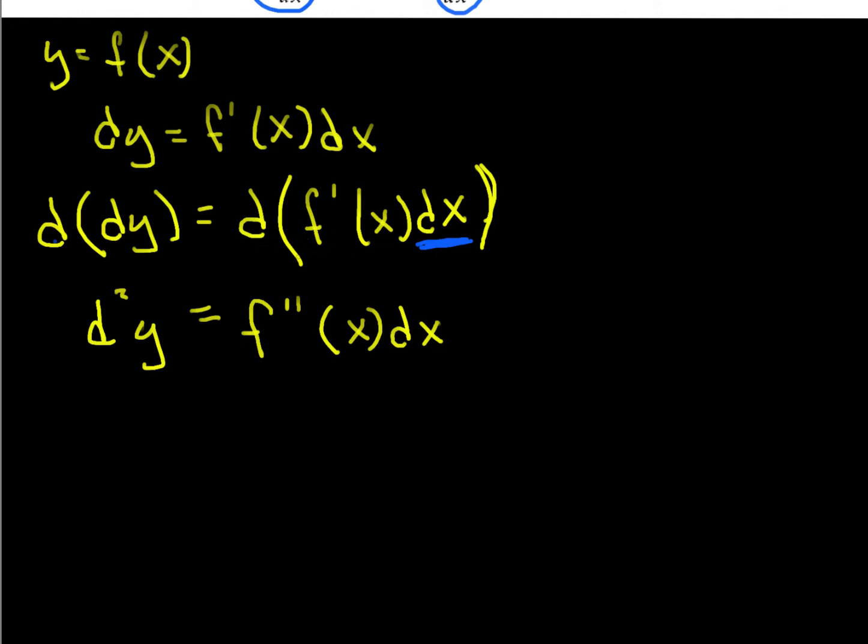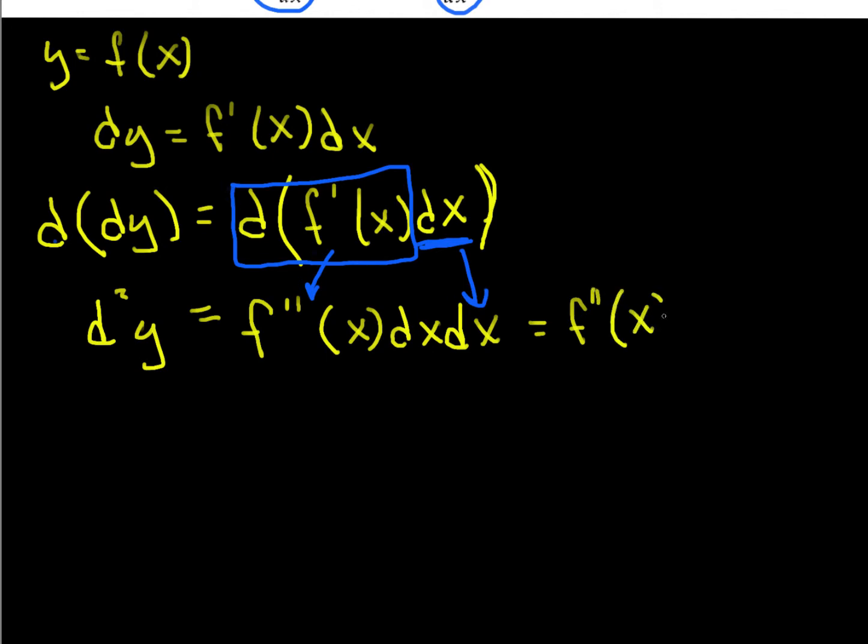So that's what the differential of f prime is. This is just the differential of this piece, right? Because it's a differential, we get the derivative of the function times dx. But don't forget, we've got this other dx here, and so we need to bring it back down. And so this whole thing is times dx, but this is dx times dx, and so it's f double prime of x dx squared.